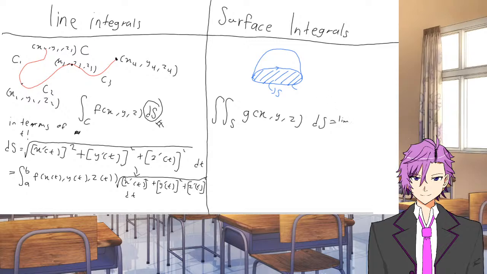So if we equate it with the Riemann sum, it would be the limit, I hope this thing fits, as P approaches 0, the summation from i equals 1, then this would be rho, x_i, y_i.